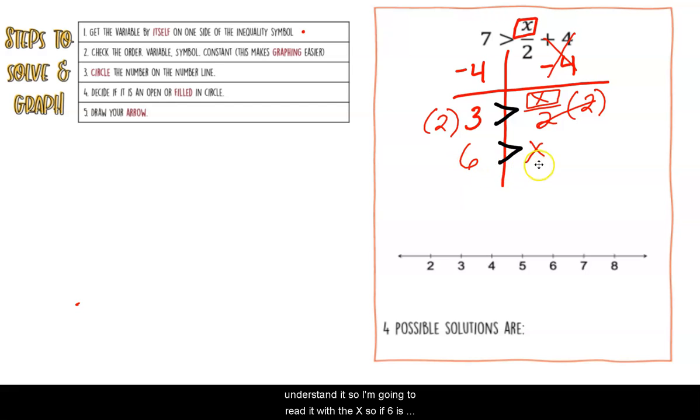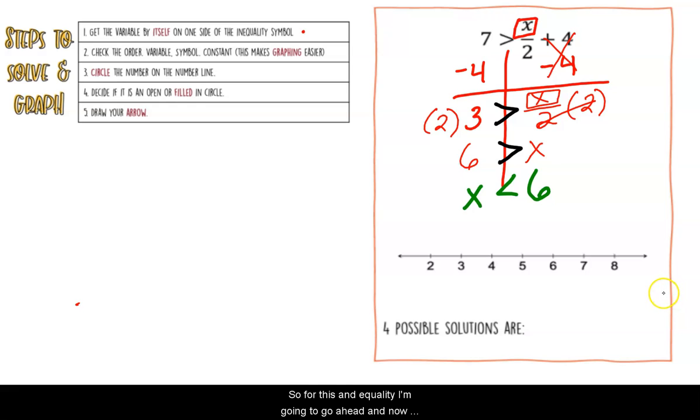So I'm going to read it with the x. So if 6 is greater than x, that means x is going to be less than 6. So you notice I reversed the order. If I'm going to write it with the variable first, I need to reverse the order to keep the relationship the same.